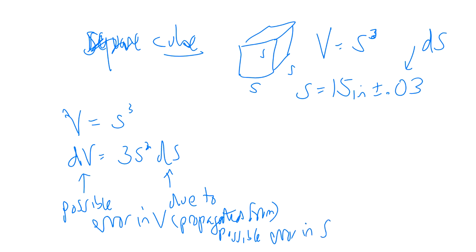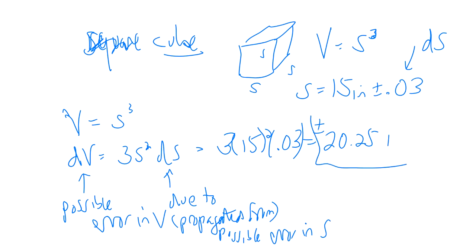So this is going to be 3 times 15 squared times 0.03, and that ends up being 20.25. That would be plus or minus 20.25 cubic inches, since we're talking about volume again.